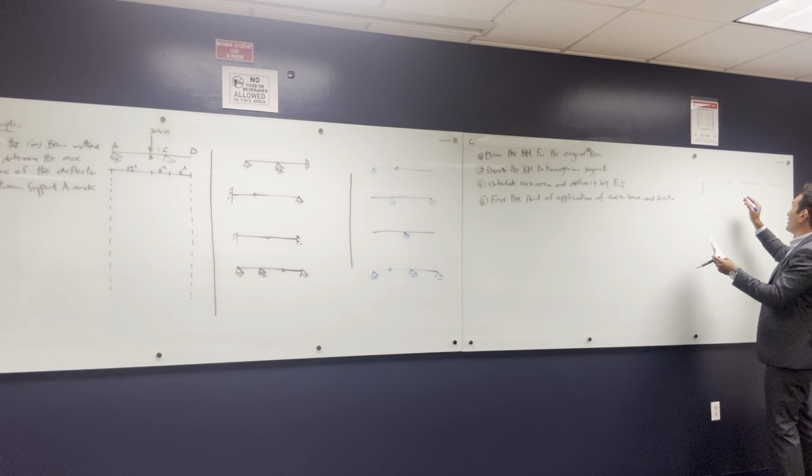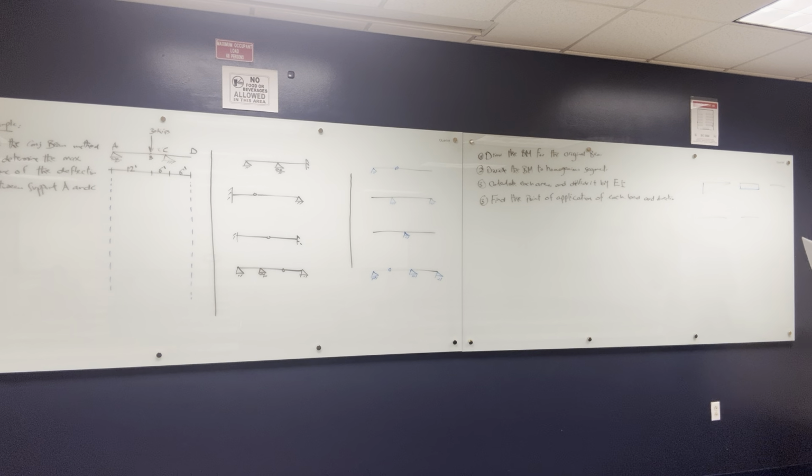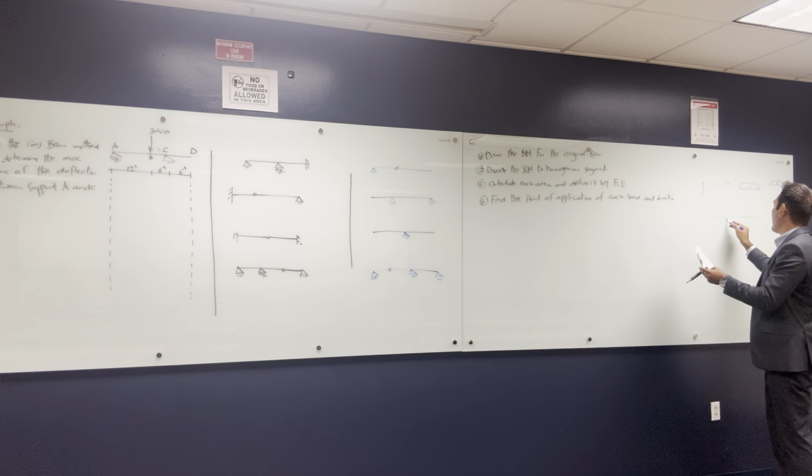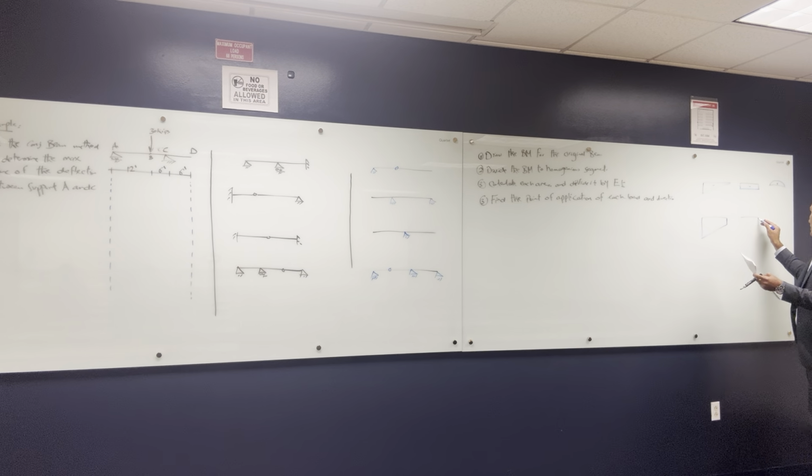Sometimes you have a concentrated moment and it gives you a negative bending moment diagram, or you have a distributed load and it gives you a positive bending moment diagram. And sometimes your bending moment diagram is a trapezoid, or it can have a parabolic curve.